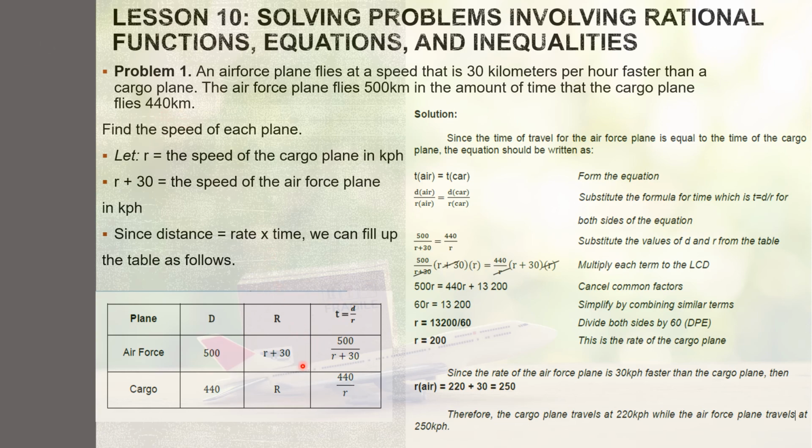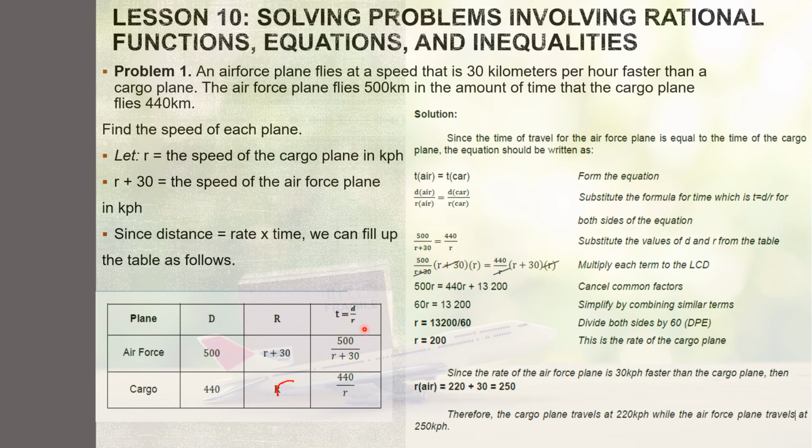The rate of the Air Force plane is R plus 30 because it is 30 kilometers per hour faster than the cargo plane, and the rate of the cargo plane is just R, small letter R. So, we made a representation for it.